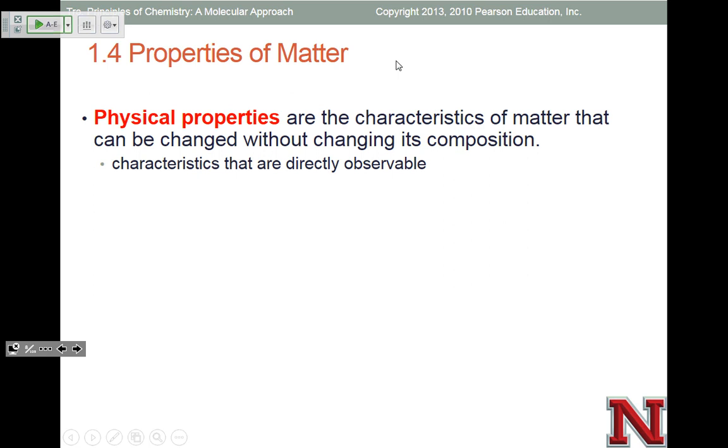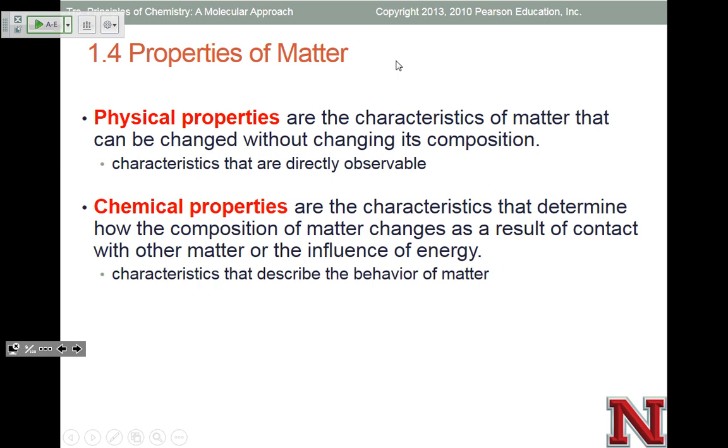Because again, a pure sample of a compound has these physical properties that don't change. So if I have a pure sample and I know the melting point, and I have an unknown sample, I can compare them. There are some limitations. There are multiple compounds that have similar melting points, so you have to have an idea of what you're starting with. But we can use those properties and observe them to understand what we're looking at.